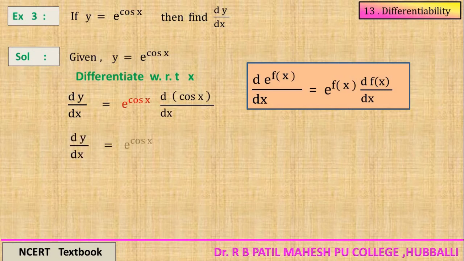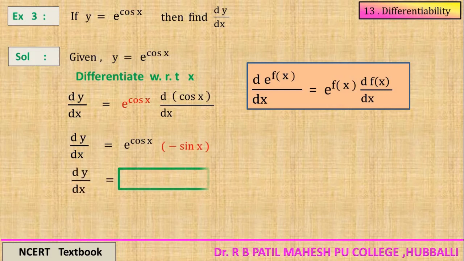So e raised to cos x as it is, and you know the derivative of cos x is minus sin x. So rewriting, it becomes minus sin x into e raised to cos x. It is very simple. Same function, and what is the cos x derivative? Minus sin x. Write it in one line and it becomes the solution. I hope you understood, students.